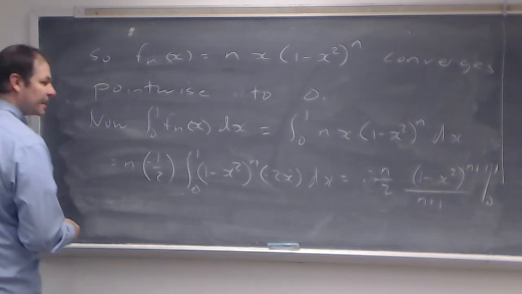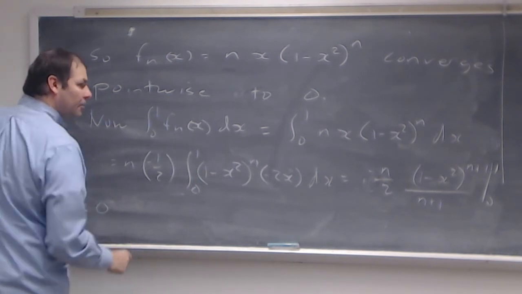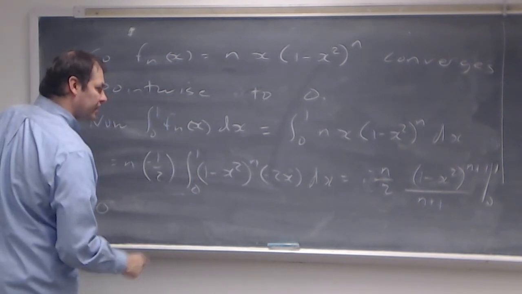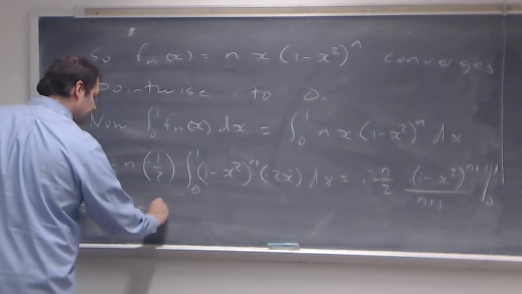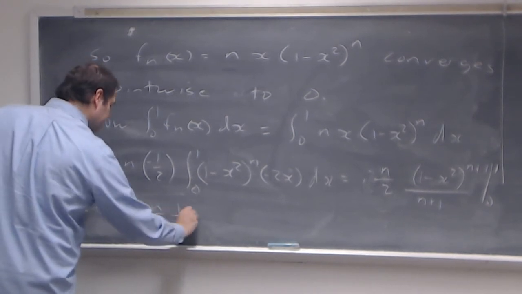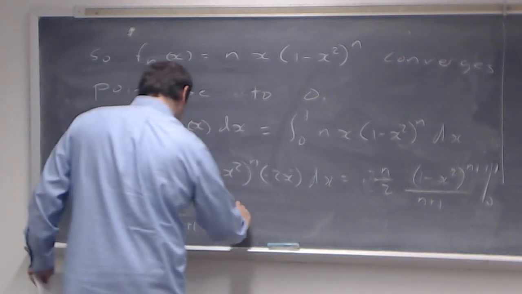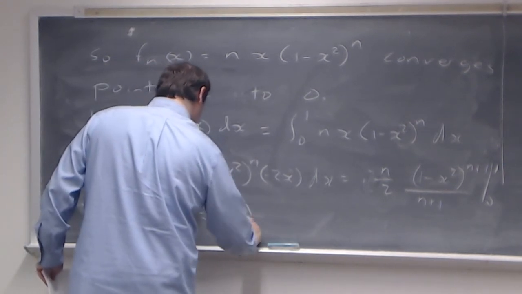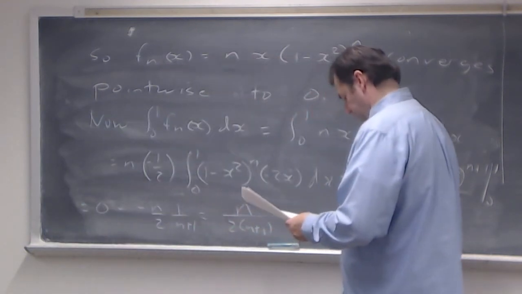Okay, and then when you stick in 1, you're going to get 0. And when you stick in 0, you're going to get 1. So minus a minus n over 2 times 1 over n plus 1. So that ends up being n over 2 times the quantity n plus 1. That's what I get.